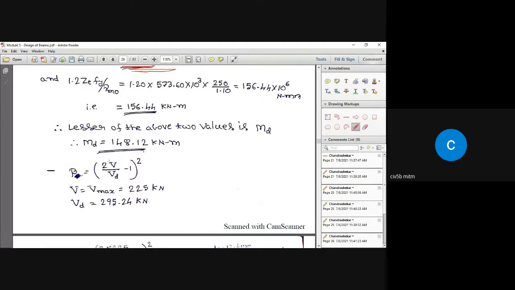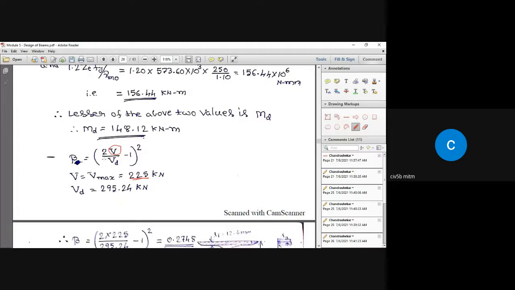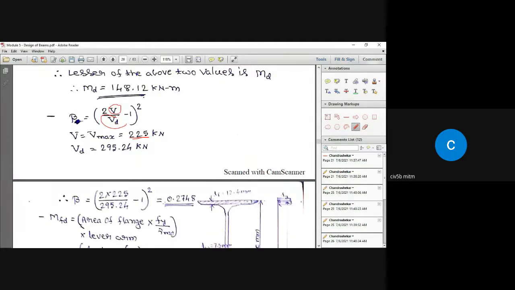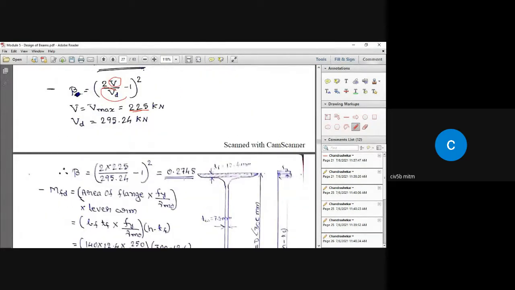V is nothing but the maximum shear force or the design shear force, which is Vmax, that is 225 kilonewton. And Vd is the design shear strength of the section, which we calculated using section 8.4.1 on page 59. So Vd is already calculated. Substituting these two values, we got beta equal to 0.2748.